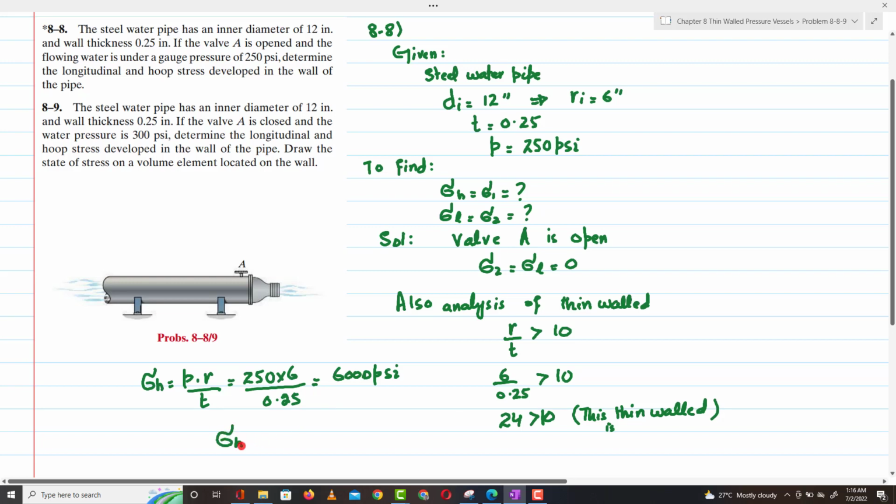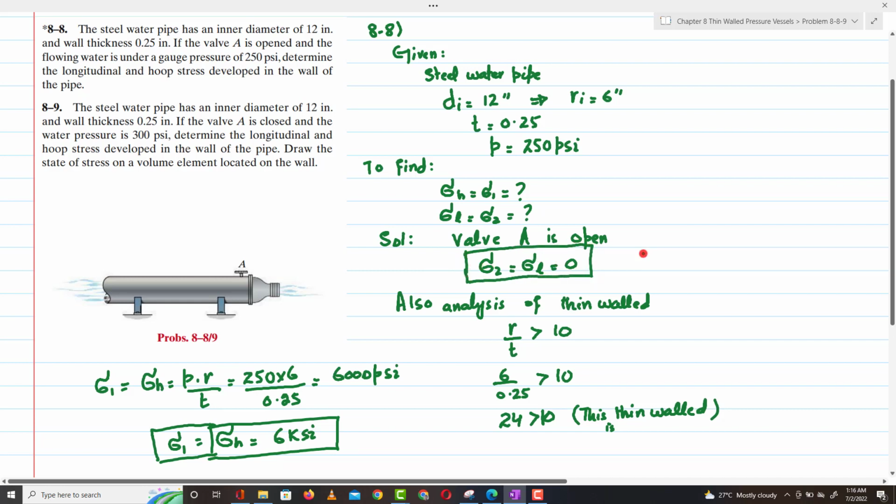So sigma hoop is equal to 6 ksi. So sigma 1 is equal to sigma hoop stress, and that is equal to 6 ksi, whereas longitudinal stress in this case is equal to 0.